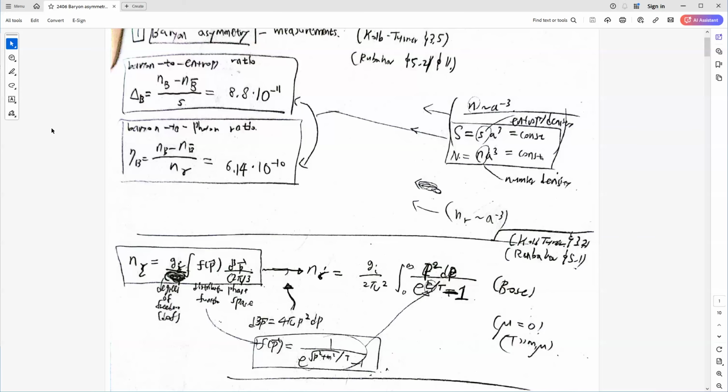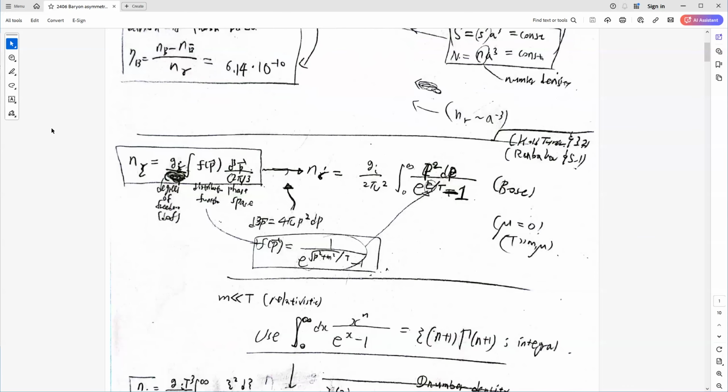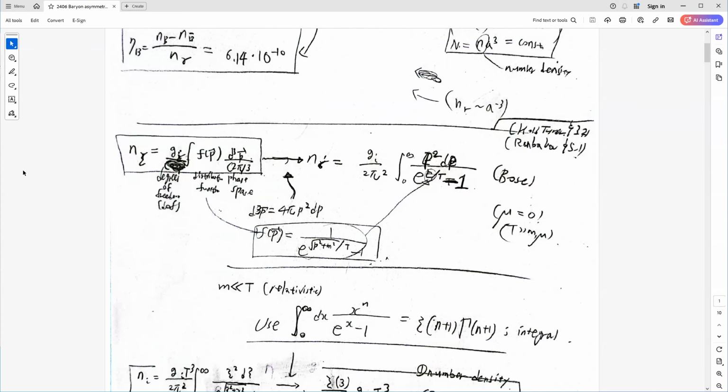So first of all, the number density can be obtained by integrating the distribution function over the phase space. Here is a distribution function, which sometimes includes a degree of freedom g, and it is integrated over the phase space.